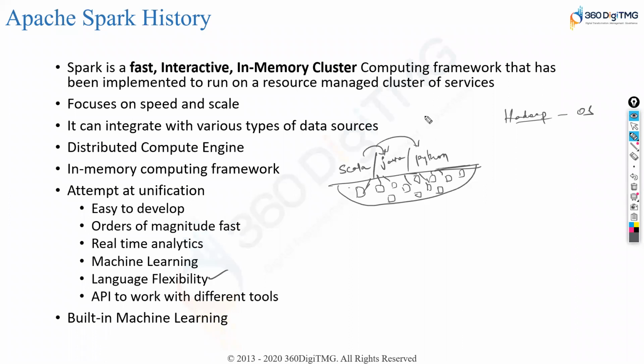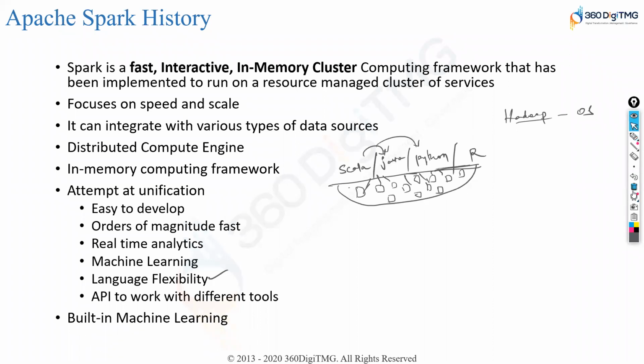Later on, R programming was also introduced for this platform because of machine learning capabilities, and R being the best tool for writing machine learning algorithms. That means a developer can choose one of these 4 programming languages to write code for executing on the Spark platform. Right? Language flexibility.